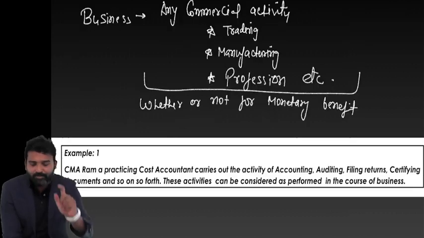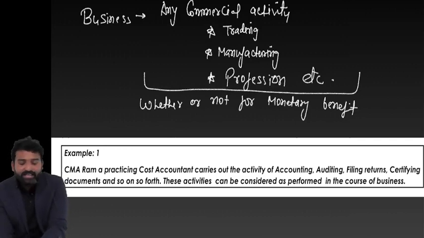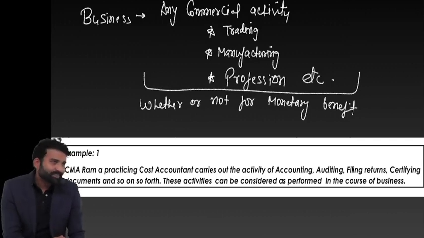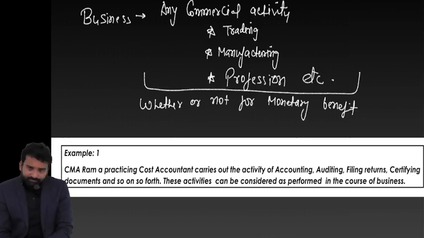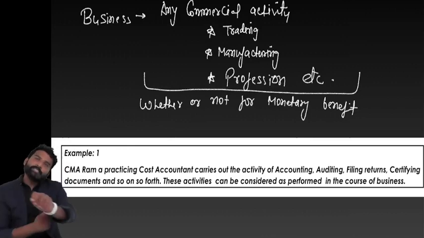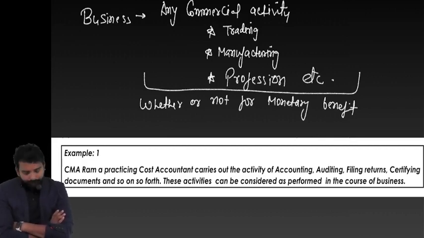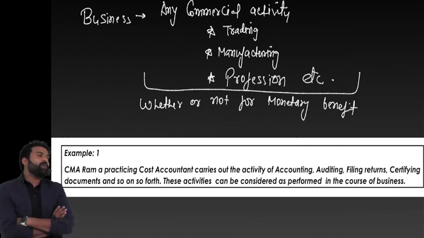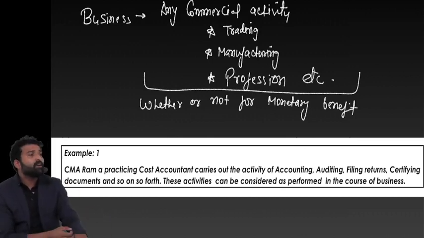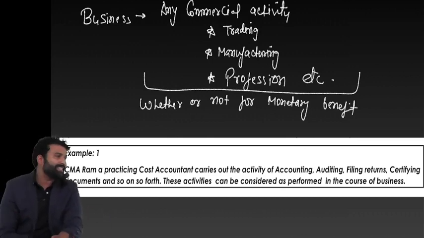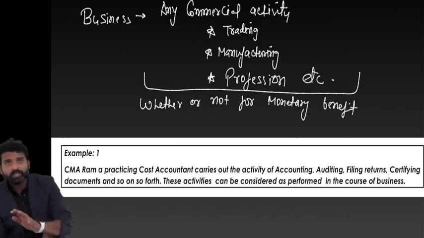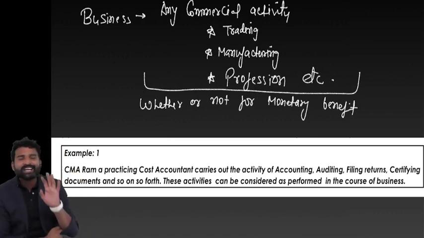Very nice. Moving towards the next important point, that is what is business. Yes, if I am doing any turnover after getting registered, for that turnover I have to pay GST whether my turnover is crossing the limit or not. What you can do is surrender your GST.